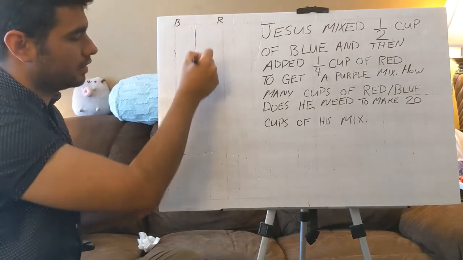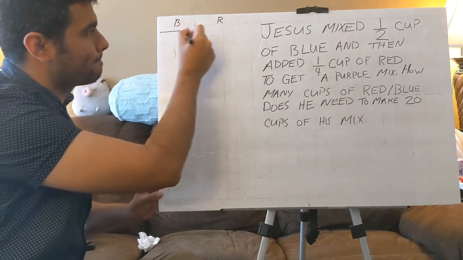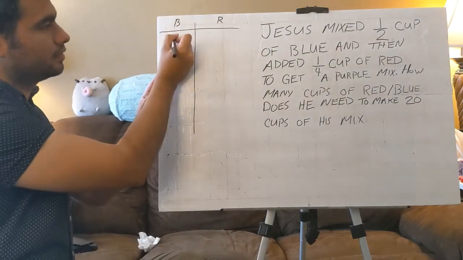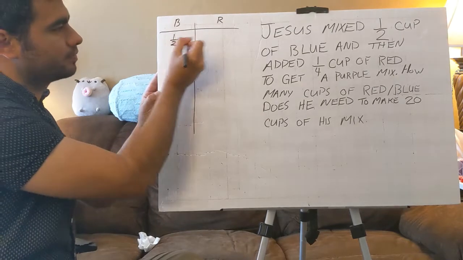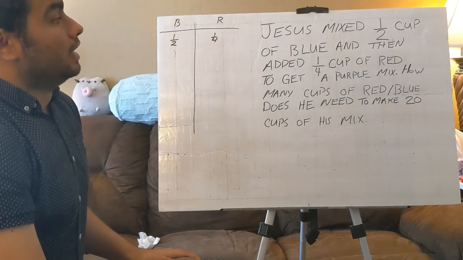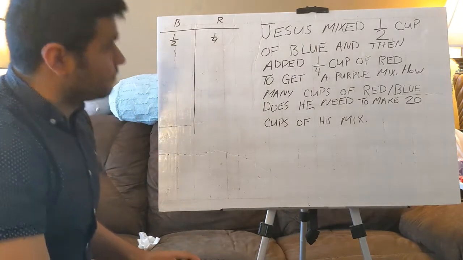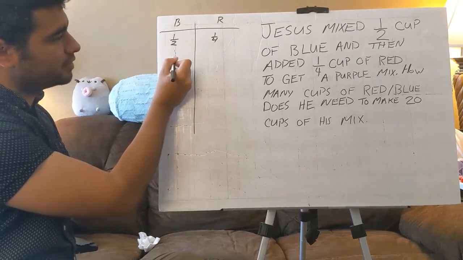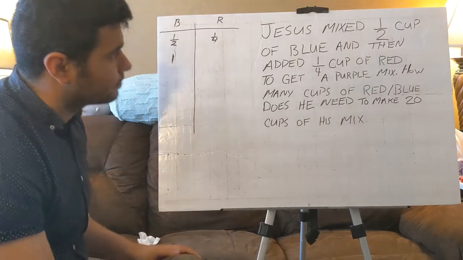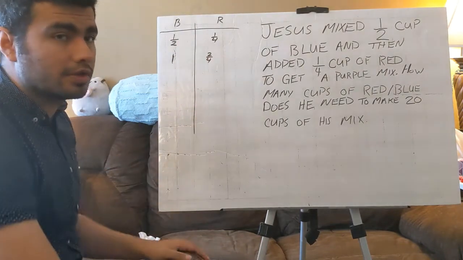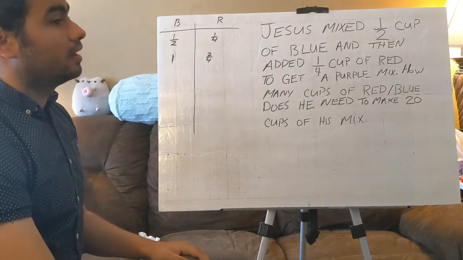Okay. Now, we start off by going 1/2, and then we have 1/4. Okay. Now we're going to add another one. Okay. Now we add another 1/2. 1/2 plus 1/2, that gives you 1. 1/4 plus 1/4, that gives you 2/4. Okay. And then we go again.